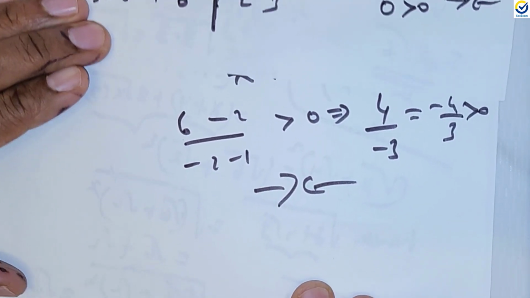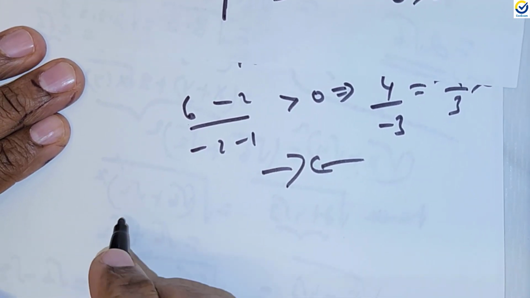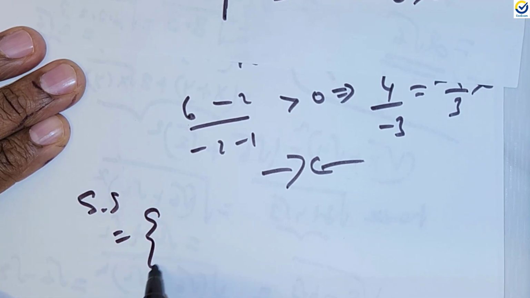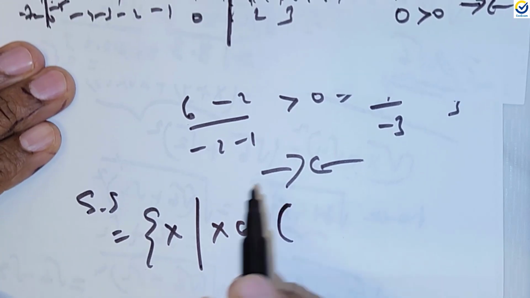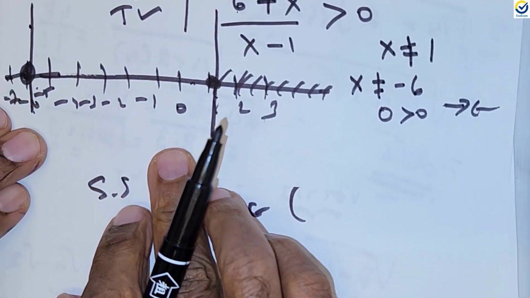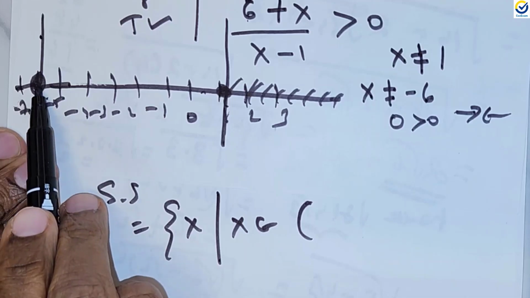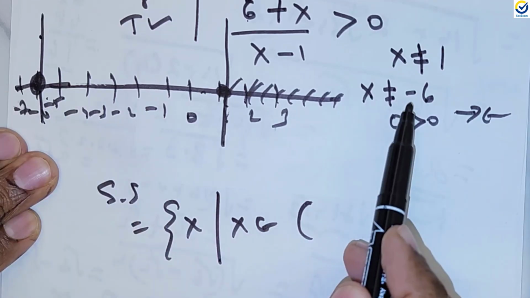So the solution is the collection of all x such that x is an element of (−∞, −6) union (1, ∞). −6 is not included.